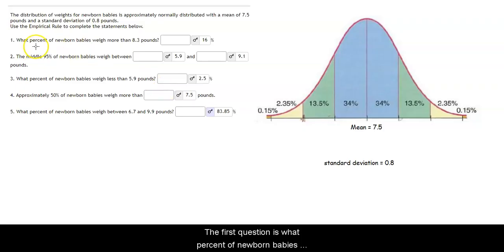So the first question is, what percent of newborn babies weigh more than 8.3 pounds? The trick is to realize that given a mean of 7.5 and a standard deviation of 0.8, 8.3 is actually 1 standard deviation more than 7.5. If we add 0.8 to 7.5, we'll get 8.3. So 8.3 is about here.